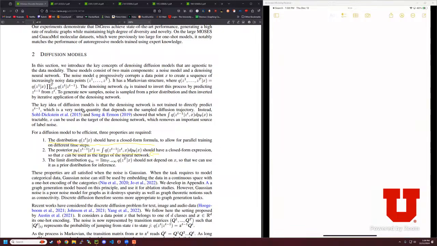So their graph generation is generating the graph structures, or, assuming the graph is fixed, it just generates the node features.